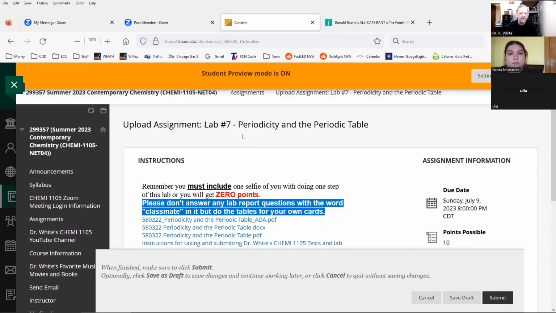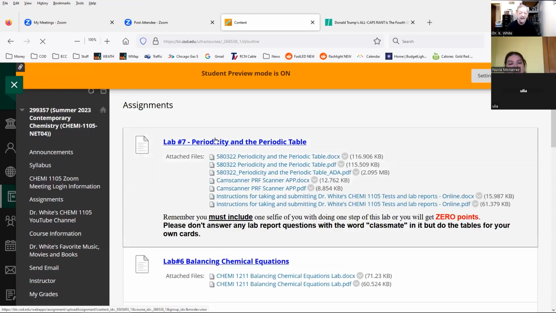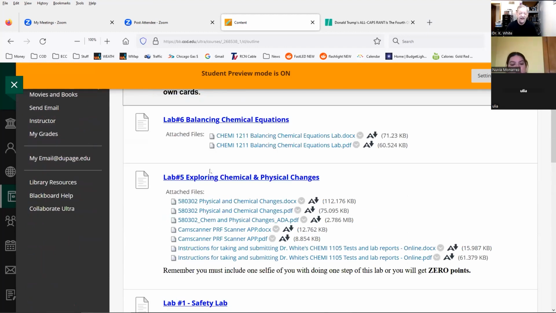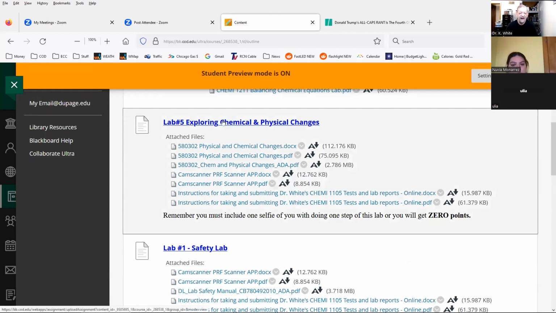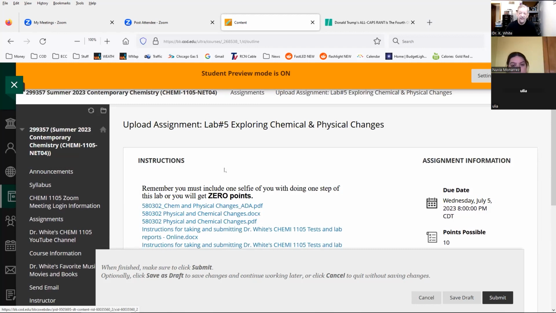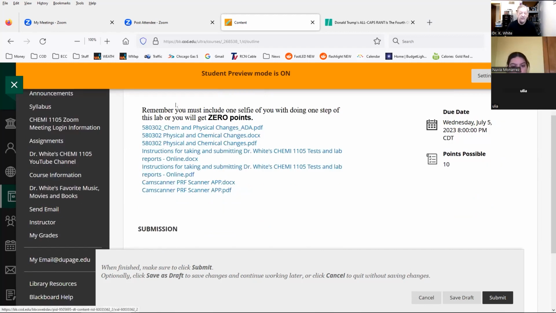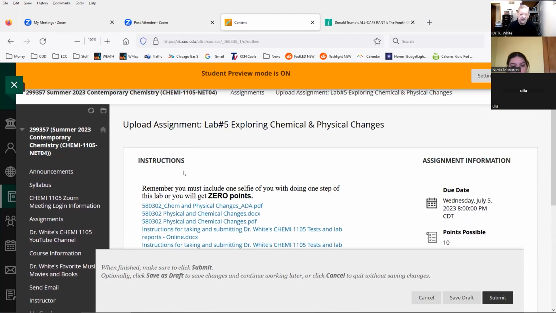So again, when you're looking at the assignments, click on the title. That's a left click with your mouse. And you'll see important information in the instructions. All right, that's one thing.